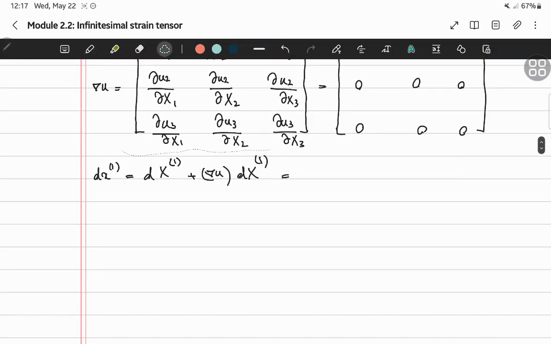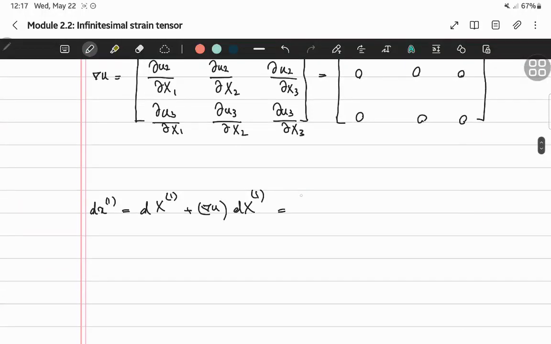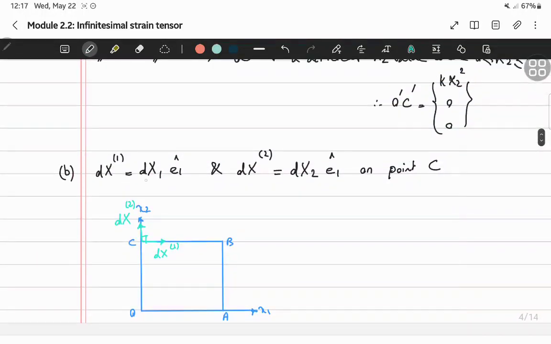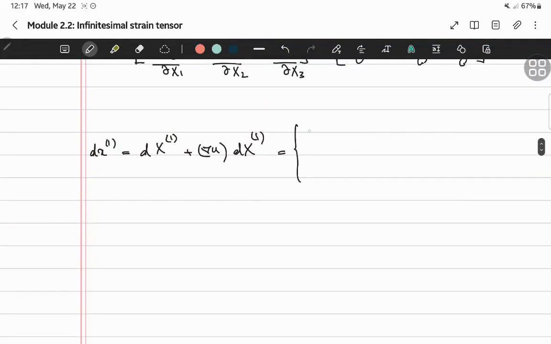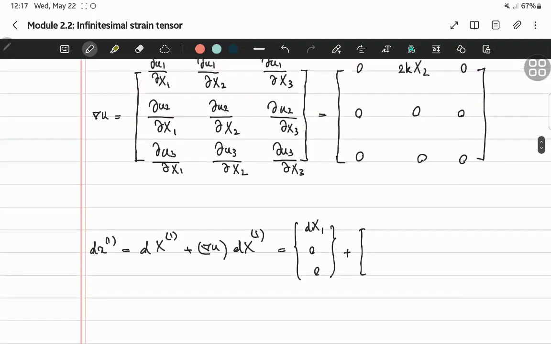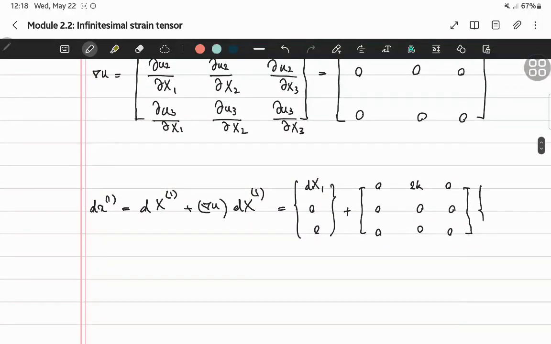I just bring this in here, and for dx1, I have dx1 e1. So this is going to be dx1, 0, 0, plus del u, which is this one here: 0, 2k, 0, 0, 0, 0, 0, 0, and 0. Then I have dx1, 0, and 0.